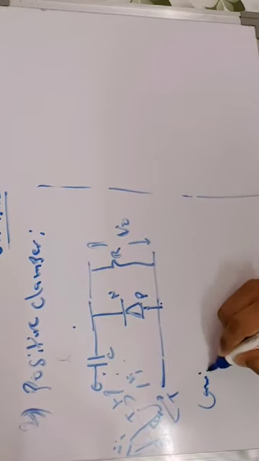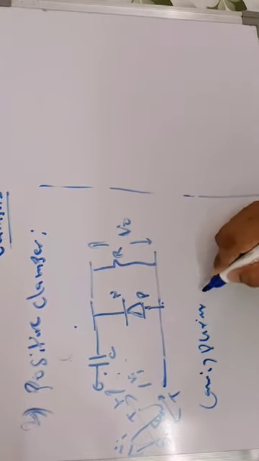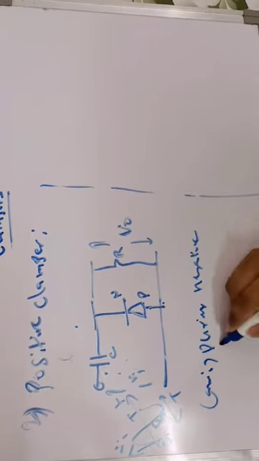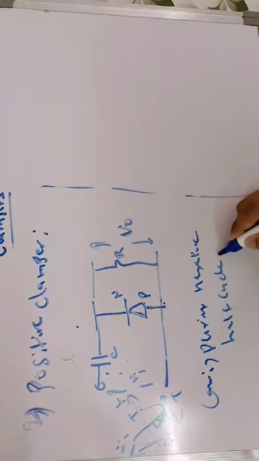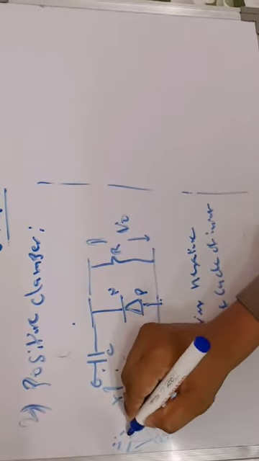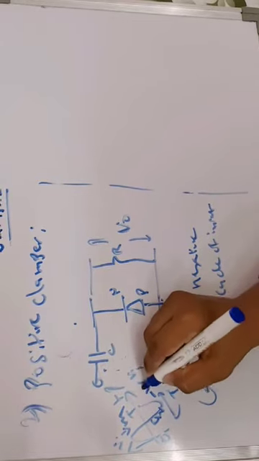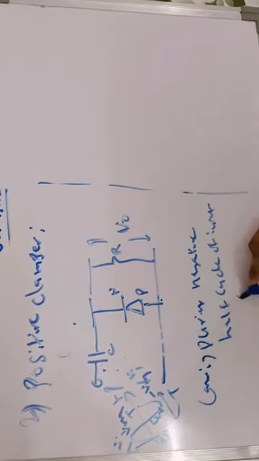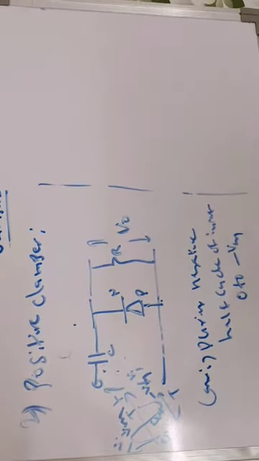Case 1: during the negative half cycle of the input. Let's say the input is varying from Vm to minus Vm. We'll consider only the quarter cycle from 0 to minus Vm.